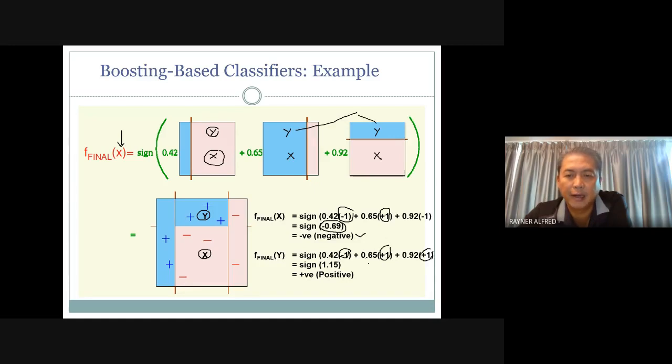And we add up the value, we have positive value. So notice that this is positive. So majority is positive. For this one, majority is negative, and then we get negative.